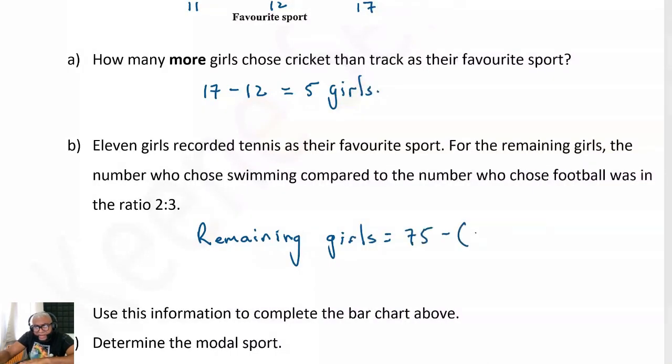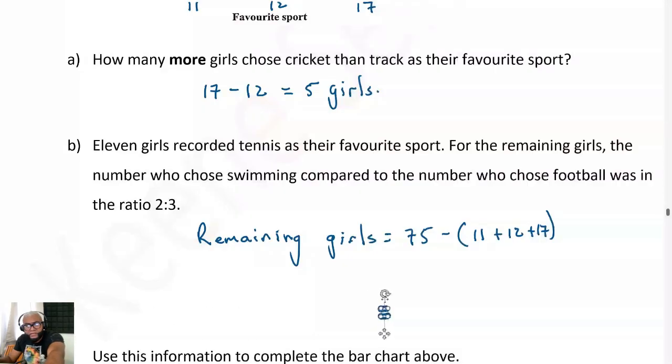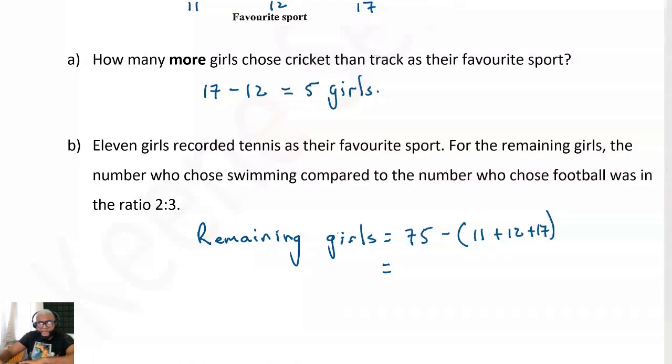There were 75 girls in all, right? So it'll be 11, 12, and 17. How many girls remain in here? It would be 35 girls. 35, right? Okay.